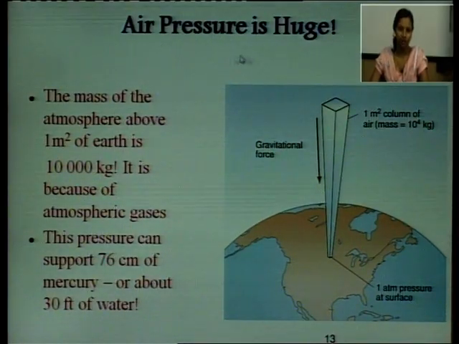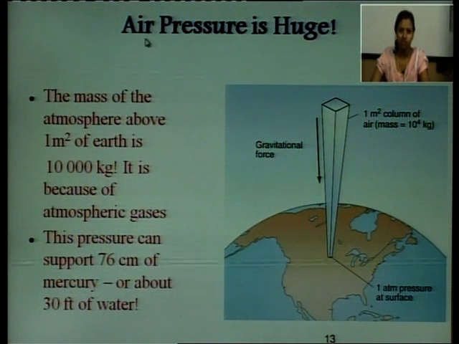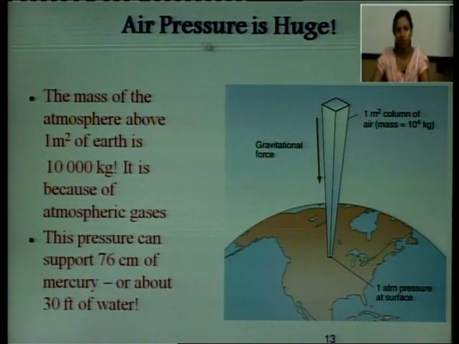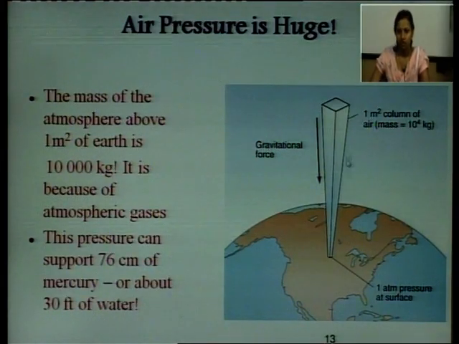Next is air pressure. Air pressure means pressure because of air. Air has many gases, so different layers of the atmosphere have different pressure because of the different content of air. Our atmosphere is filled with many gases.